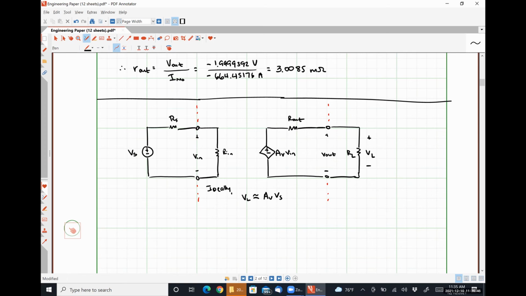So there's no voltage drop over our source resistance Rs, and all of Vs is applied at these terminals Vn. So that's one thing. We want Rn to be equal to infinity ohms, my apologies.